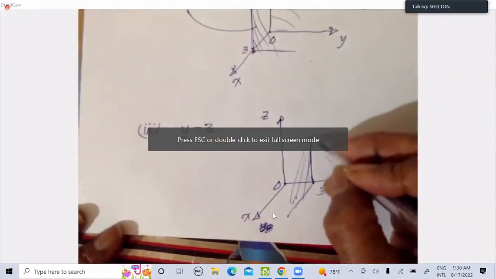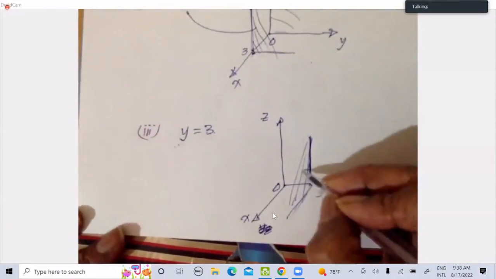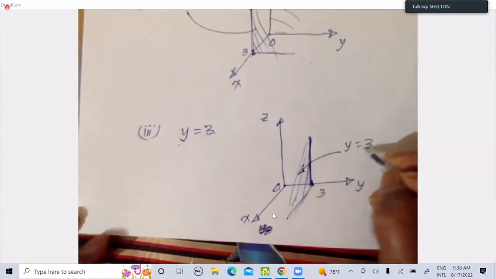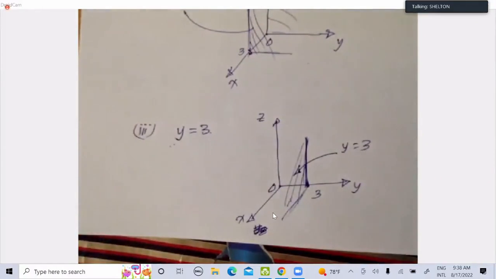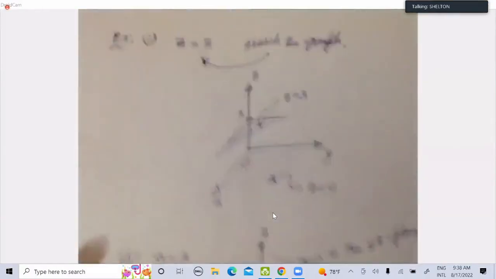This is the plane. Y equals 3 is parallel to the xz plane. I may have drawn these earlier too, when we did vectors.